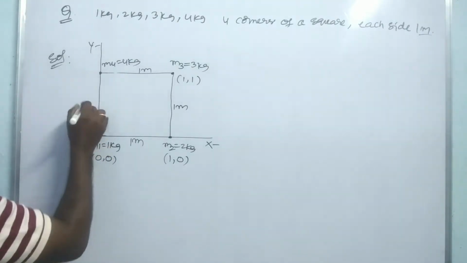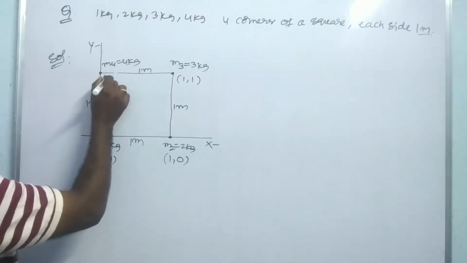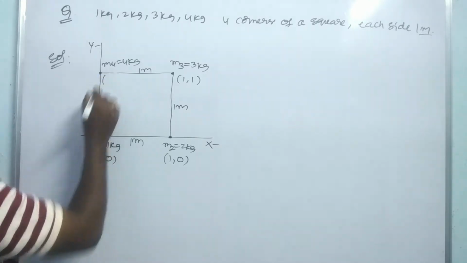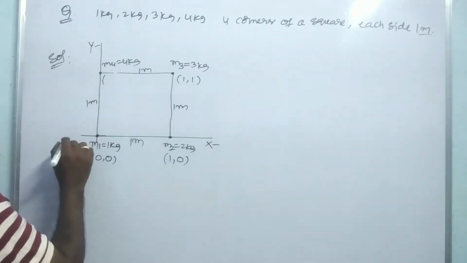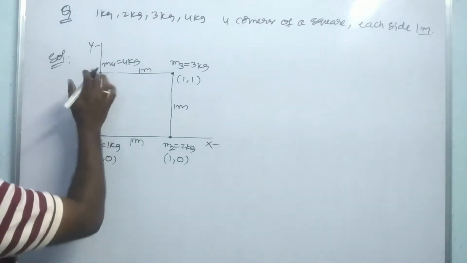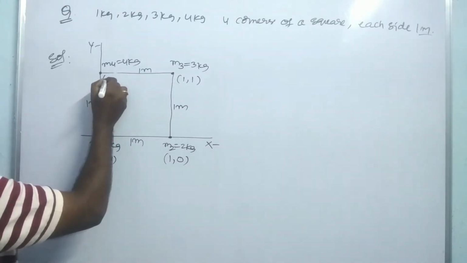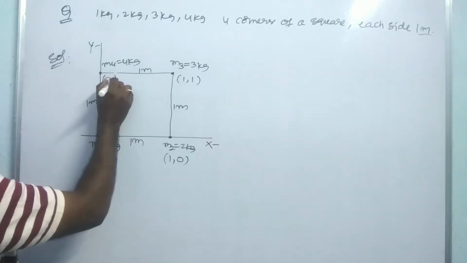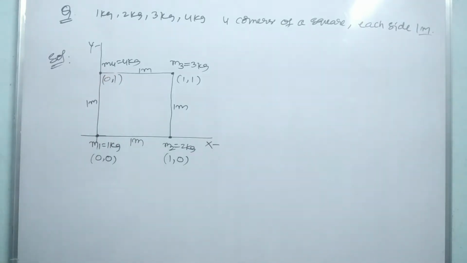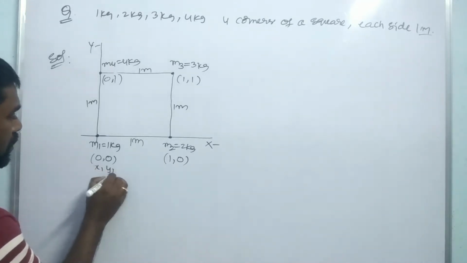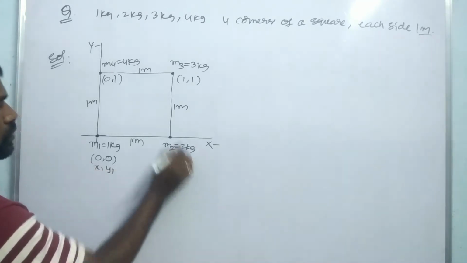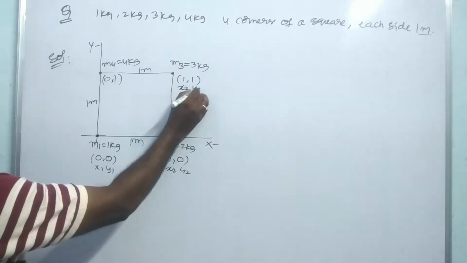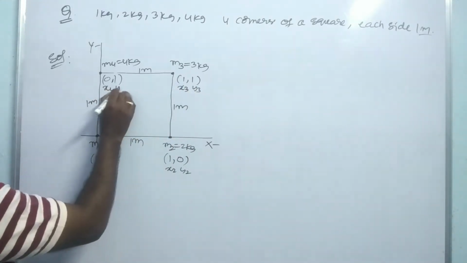And from this one 1 meter along the y axis, the x coordinate is 0 and the y coordinate is 1 meter. So these are x1, y1, x2, y2, x3, y3 and x4, y4.